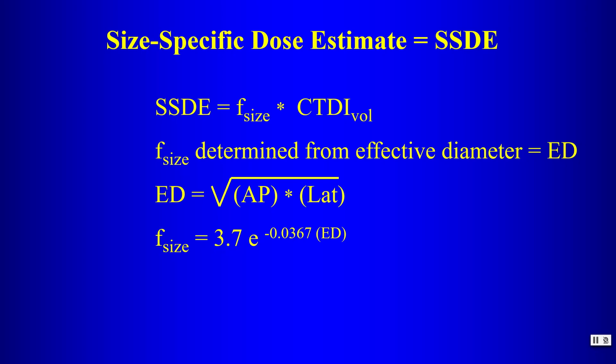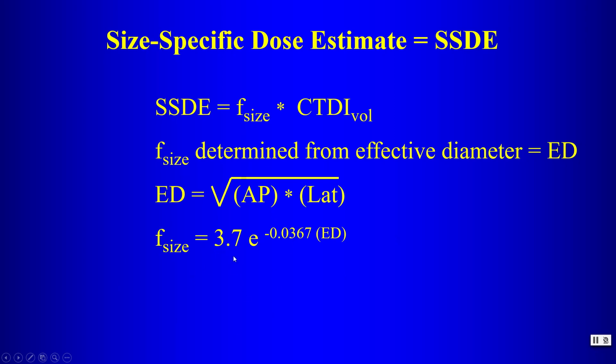So this F size parameter is determined by the effective diameter of the patient, and the effective diameter is just the square root of the AP diameter times the lateral diameter for the particular patient. And then there is a formula telling you what this F size factor is.